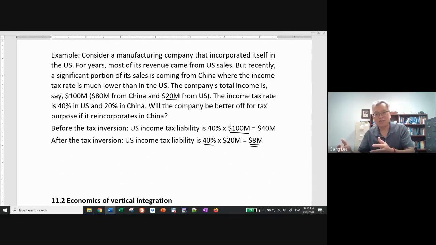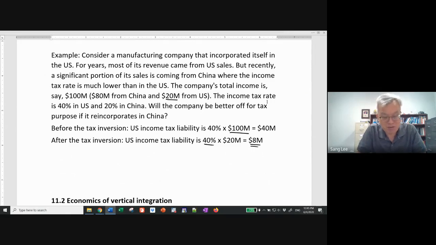So sometimes big US companies acquire a very small foreign company, and then such a small foreign company becomes the parent company of the US company. That way they move their tax residence to another country where the income tax rate is relatively low. And that's what we call tax inversion or corporate inversion.